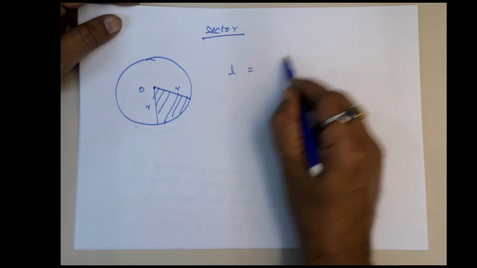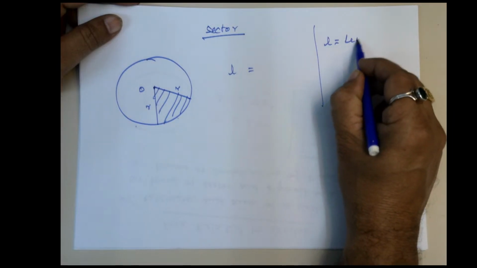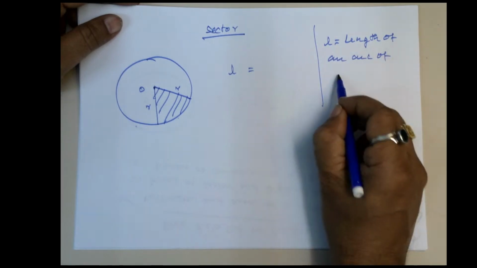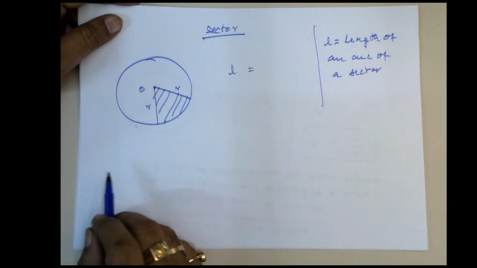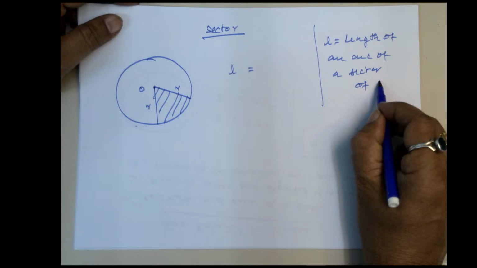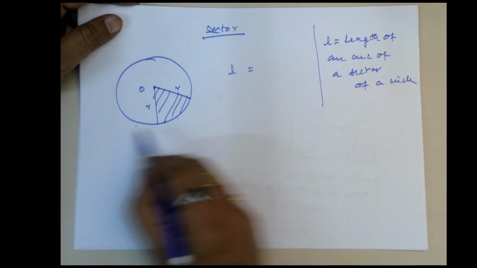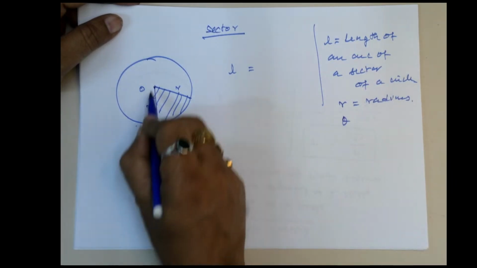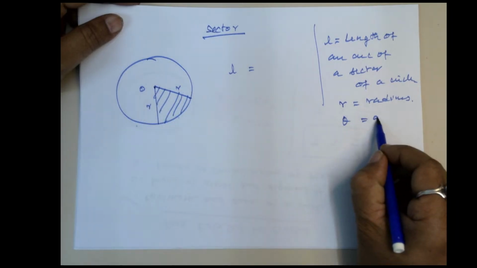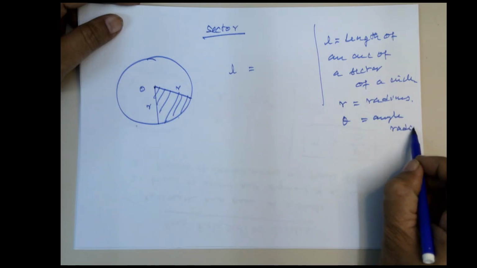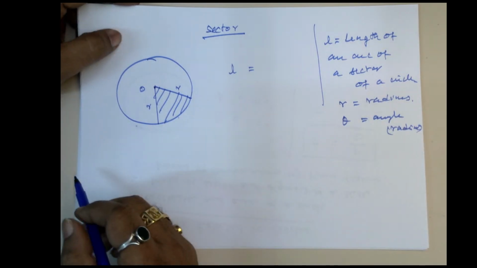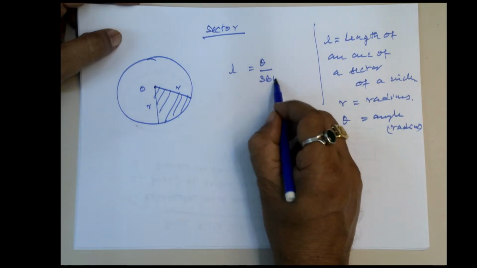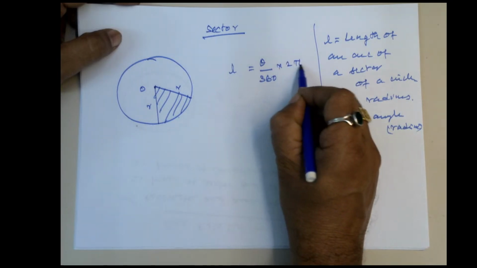What is L? The length of an arc of a sector of a circle, called L, is given by, where the radius of the circle is r, and theta is the angle subtended by the two radii at the center. So L is equal to theta by 360 into 2 pi r.